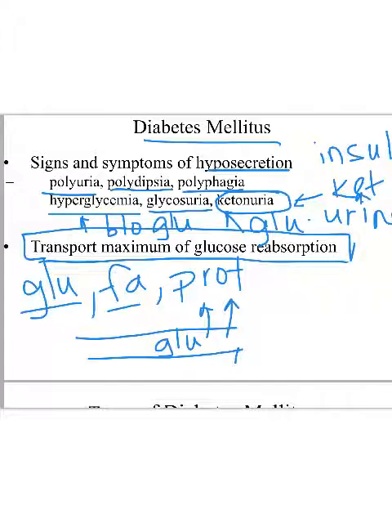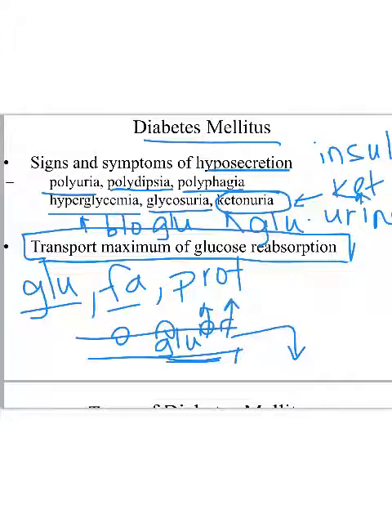What happens when you have too much glucose is you exceed the transport maximum of reabsorption. You've filled up all the little protein channels that are supposed to reabsorb it, so there's no place else for the glucose to go. So it ends up getting peed out.